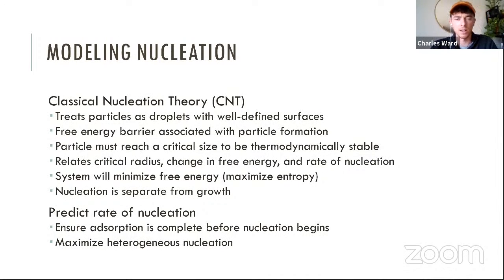So like I said, I wanted to study the rate of nucleation for my process, and to be able to predict this based off a couple different parameters. I want to make sure that adsorption is complete before nucleation begins, so that I have as much of my metal as possible on my support, and heterogeneous nucleation happening before homogeneous.